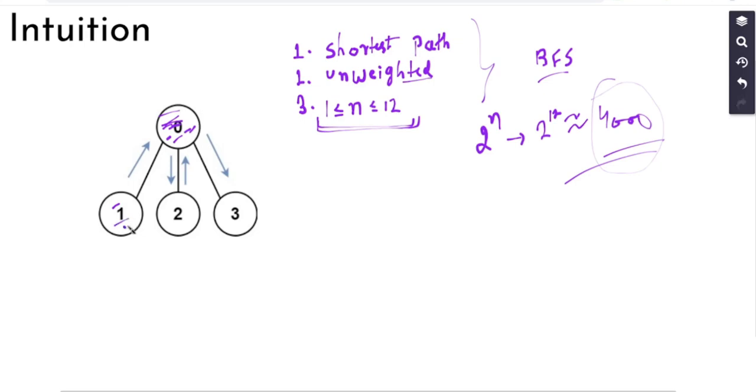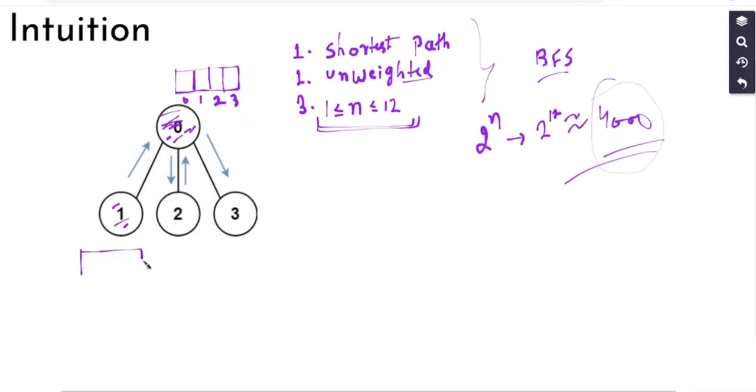Initially we push all the nodes into the queue, and let's say we first explore node number 0, and corresponding to node number 0 we have to keep a visited array. So we keep a visited array corresponding to each node of the graph. That means every node of the graph has its visited array.